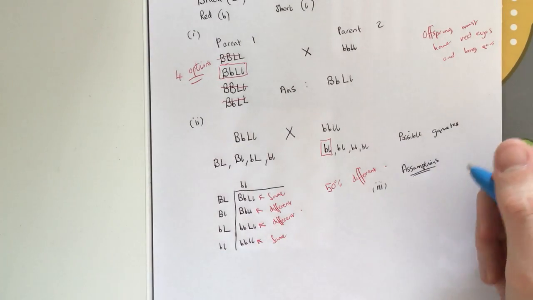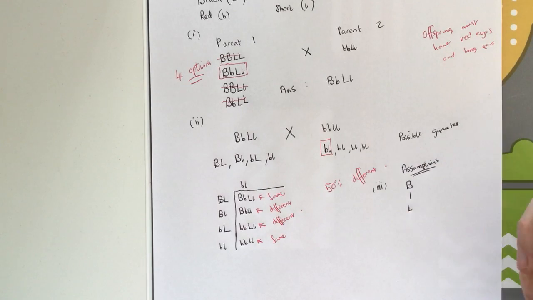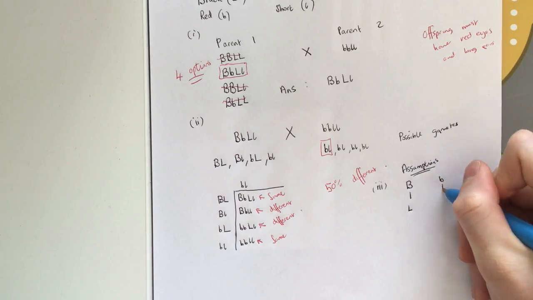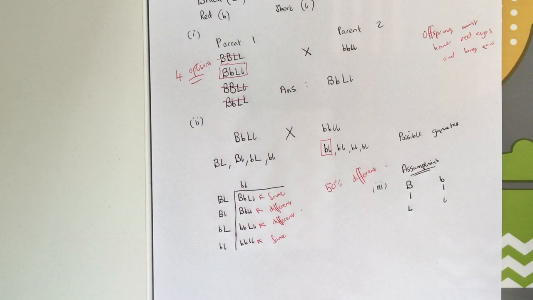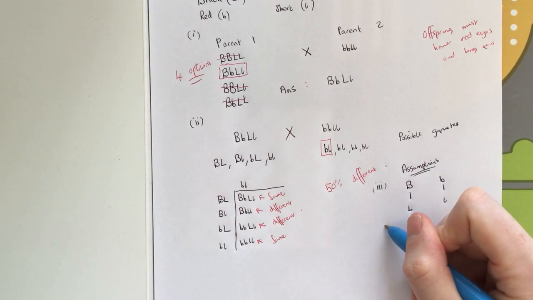Our assumptions here would be that black goes with long and red goes with short. So therefore, if the above genes were linked, explain how your percentage in your answer would differ for part 2. So now we would have something like this.